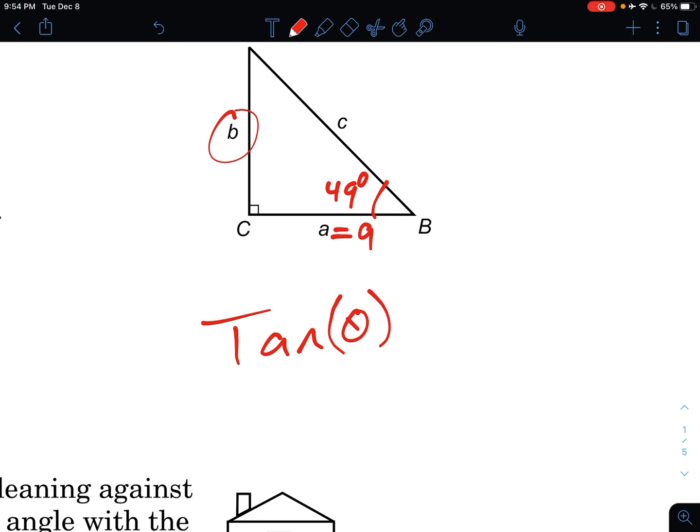Tangent of theta, because tangent is which ratio? What over what? Very good. Opposite over adjacent. So in this case, adjacent is the A, which is 9.